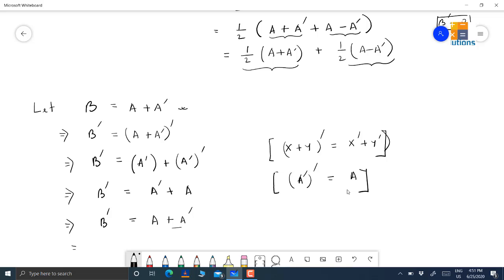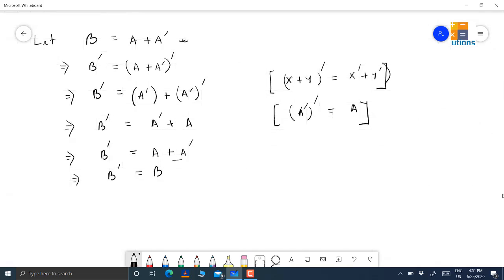That means we can write B dash is equal to B. That shows that this is a symmetric matrix. Hence B is equal to A plus A dash is symmetric.